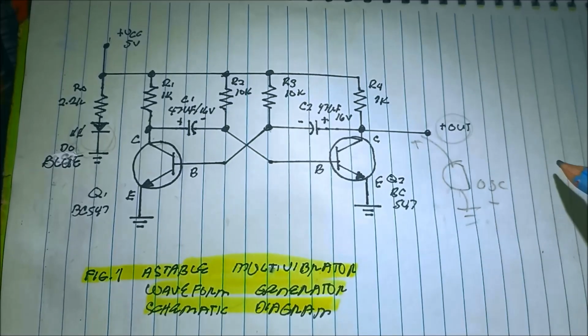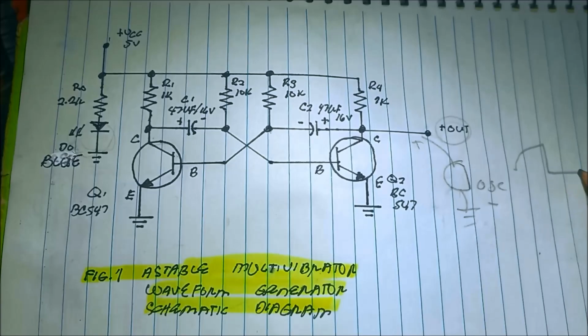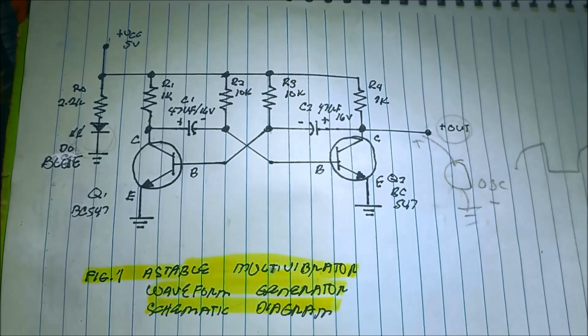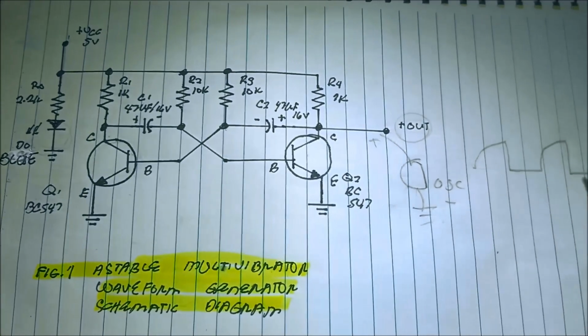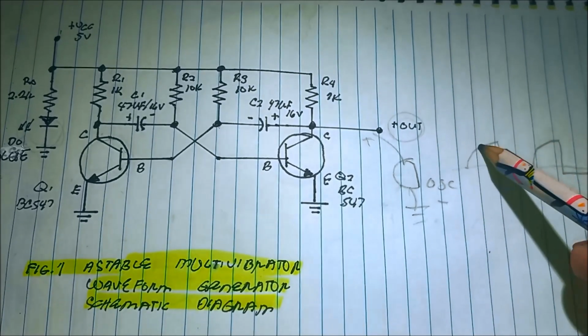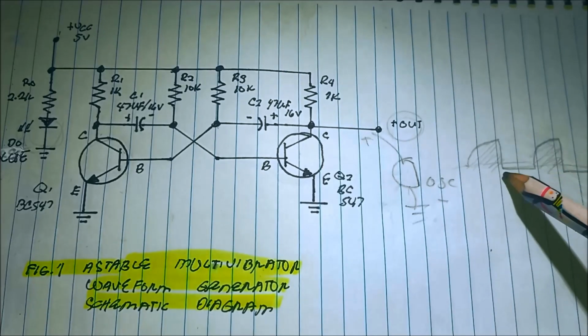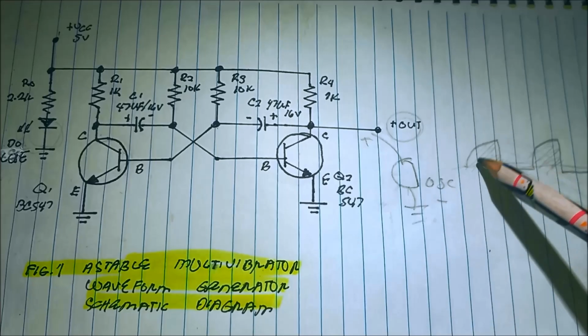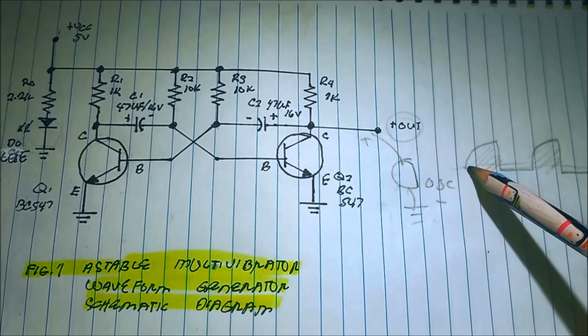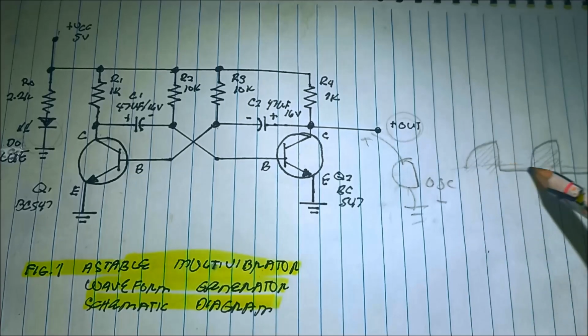And we have the waveform generator created. Is this an irregular waveform generated into the output of the oscilloscope? So instead of creating what we need, a square wave, we just created this irregular type of waveform.